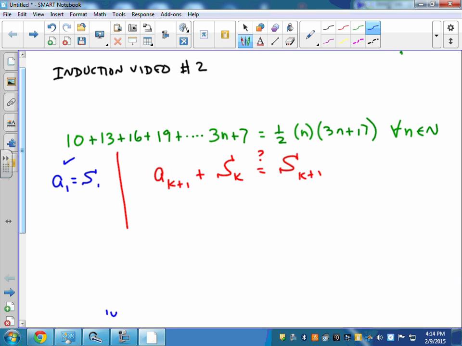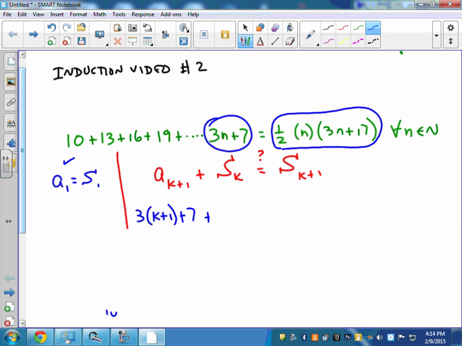Okay, a sub k plus 1, we go into here and replace the letter n with k plus 1. k plus 1, still add the 7. Okay, and now for the kth partial sum, we go into here, replace the letter n with the variable k, 1/2 times k times 3k plus 17.